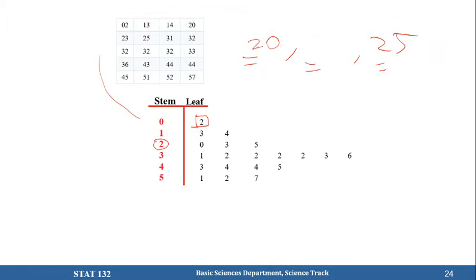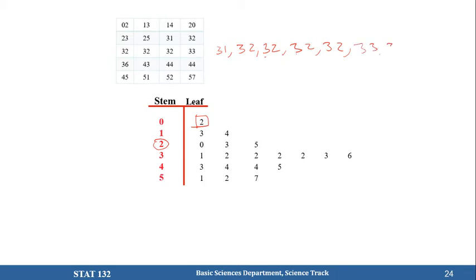So let's look at 3, the numbers starting with 3. We have 31, 32, 32, 32, 33, 34, 36.